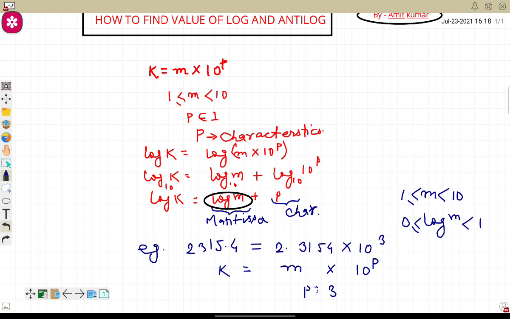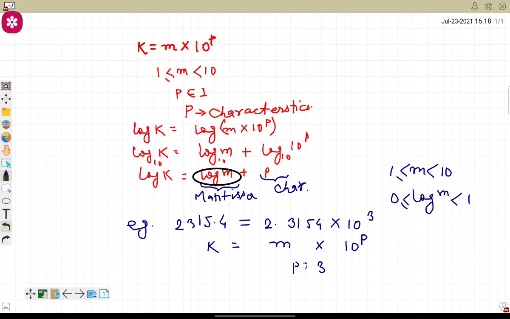So always remember, if m lies between 1 and 10, then log m lies between 0 and 1. So the Mantissa value always lies between 0 and 1. Mantissa is log m, so the Mantissa of any number lies between 0 and 1. So if you can find the characteristics of any number k, then you can easily find the value of log. We try to find some value of log.